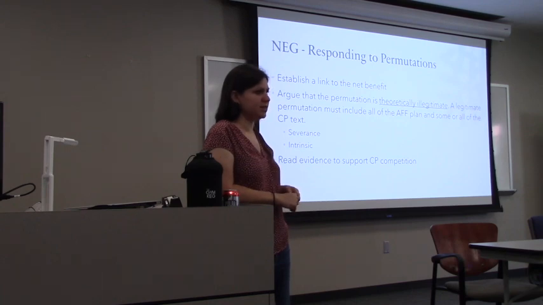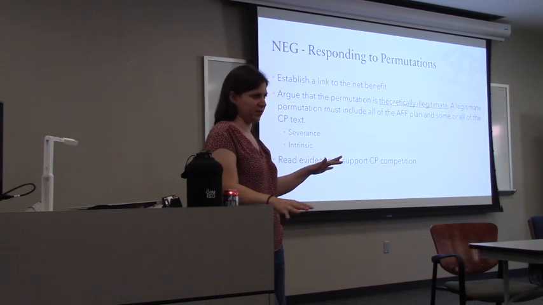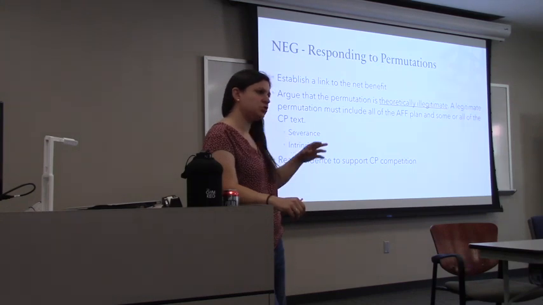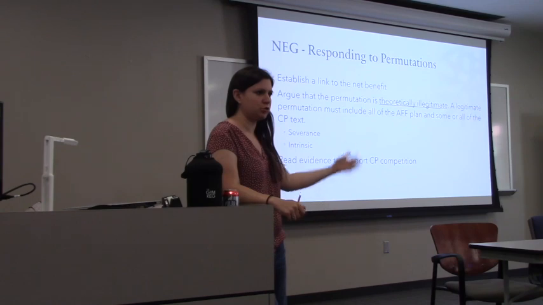So severance means that the permutation does not include all of the plan. Severs part of the plan, that is bad. Second is the permutation is intrinsic. Intrinsic means that the permutation includes something that is in neither the plan nor the counterplan. So the AFF might say, permutation, do the plan and the counterplan, and send food aid to Ukraine.